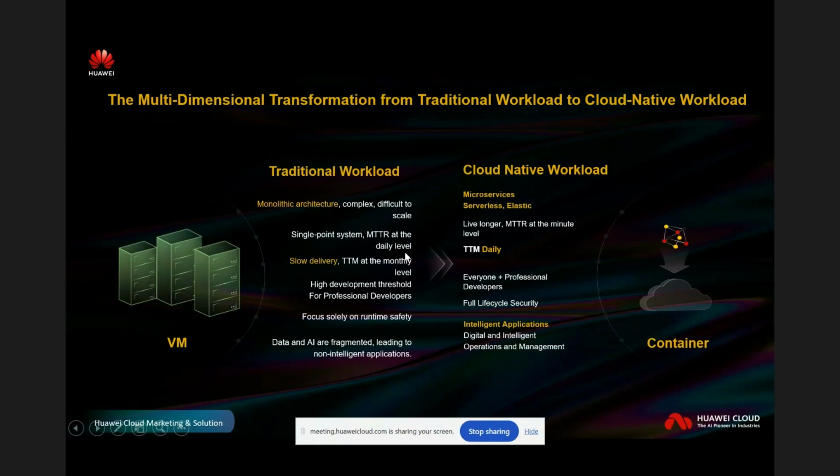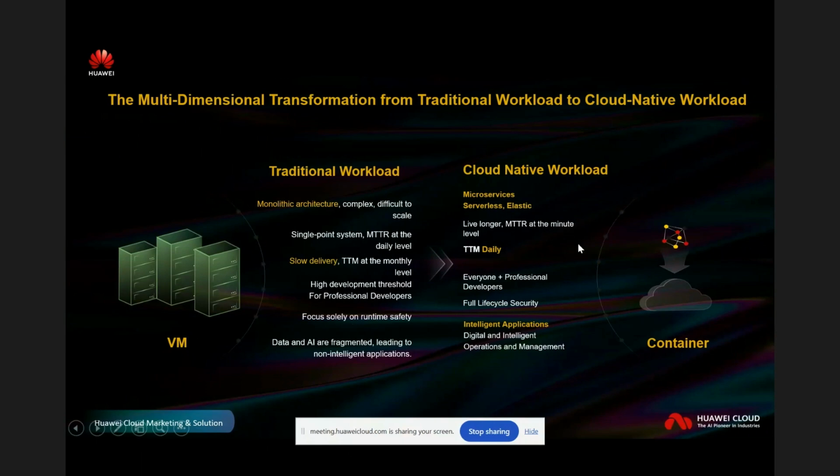Everything is based at the daily level, all the workloads. Okay, there's a slow delivery. The time to market is at the monthly level. There's a high development knowledge that the team needs to have. Okay, and it's basically focused on the runtime safety, not everything or all the aspects.